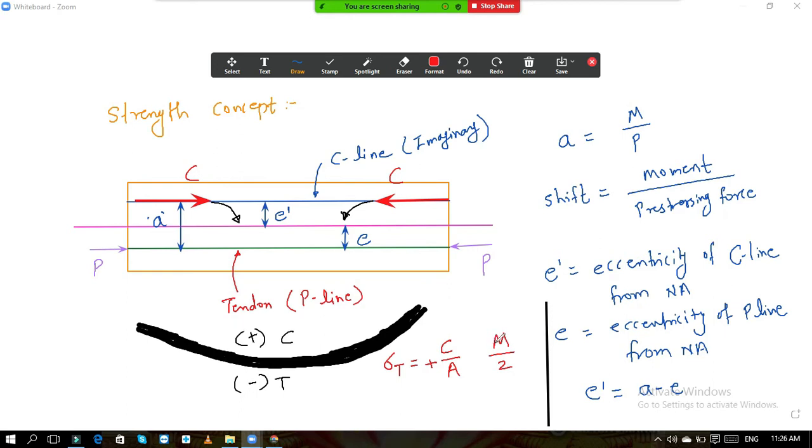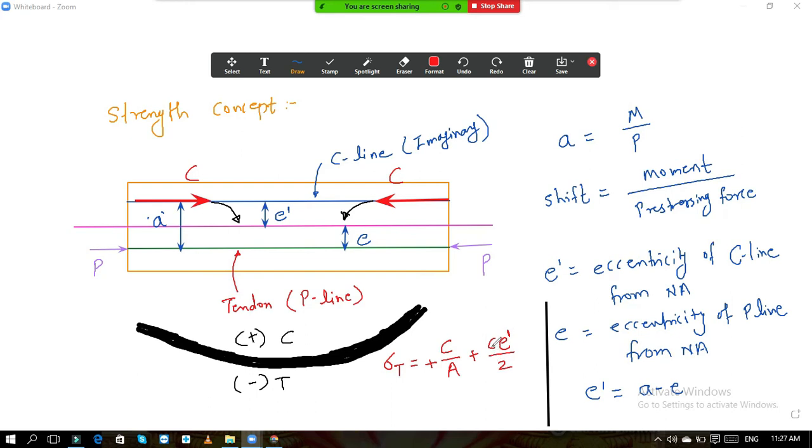M is the total moment. It consists of dead load, live load, and any other load acting on the member. Now it is acting at top, so at top compression is there. So it is C by A plus M by Z, where M is calculated as C E dash.